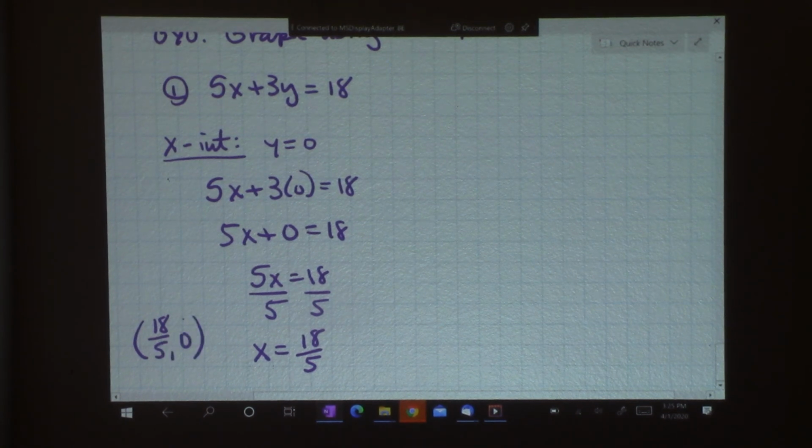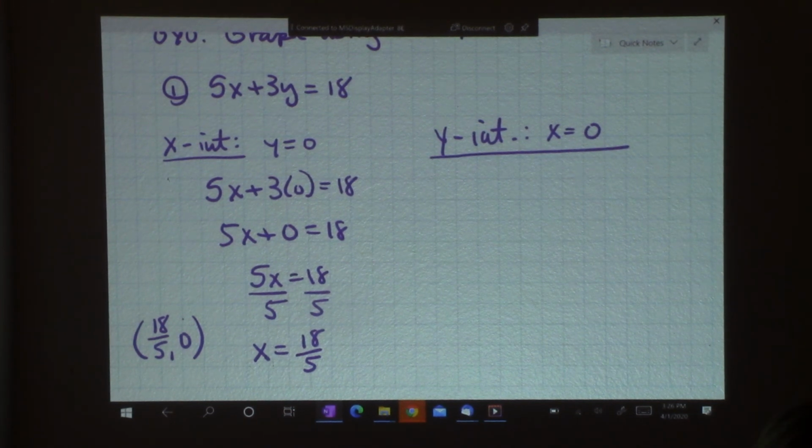There's our x-intercept. And then our y-intercept is when x is 0. Now I know I told you on example number 2 that you should get the y alone first. And I want you to know how to do both. So in that example, we got y alone first and then we found the intercepts. In this example, we're not getting the y alone first.